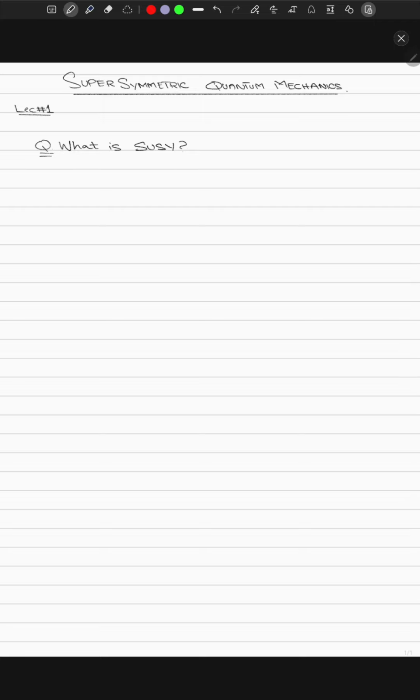And let's start with the fact that we can classify particles using statistical mechanics. So I'm going to use shorthand notation SM for statistical mechanics. And you know that in statistical mechanics, you classify particles using the occupation number, right?